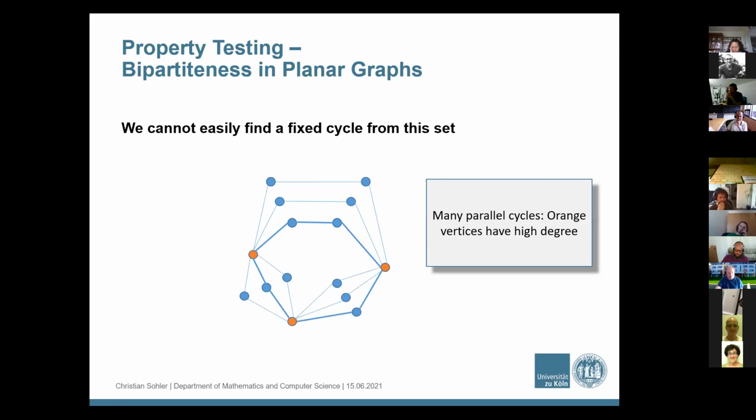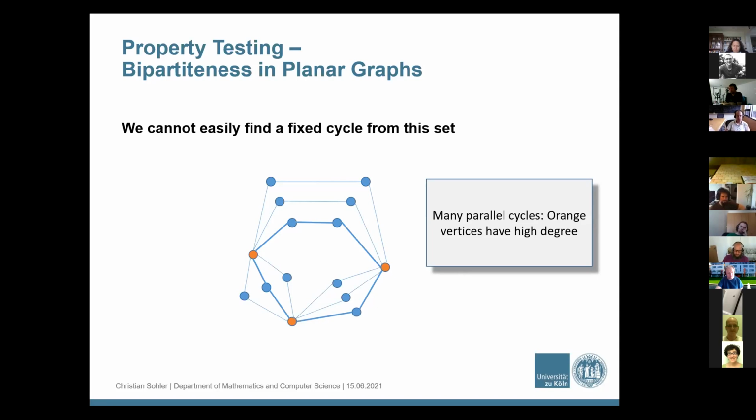But the issue is that there are graphs like this where if we fix a cycle, then the probability of finding exactly this cycle is very small. You should think of this graph as having the orange vertices having many parallel cycles, so not just the 3 cycles here, but many more. Now if you look at this fat cycle, then of course it's difficult to argue that a random walk walks exactly along this cycle.